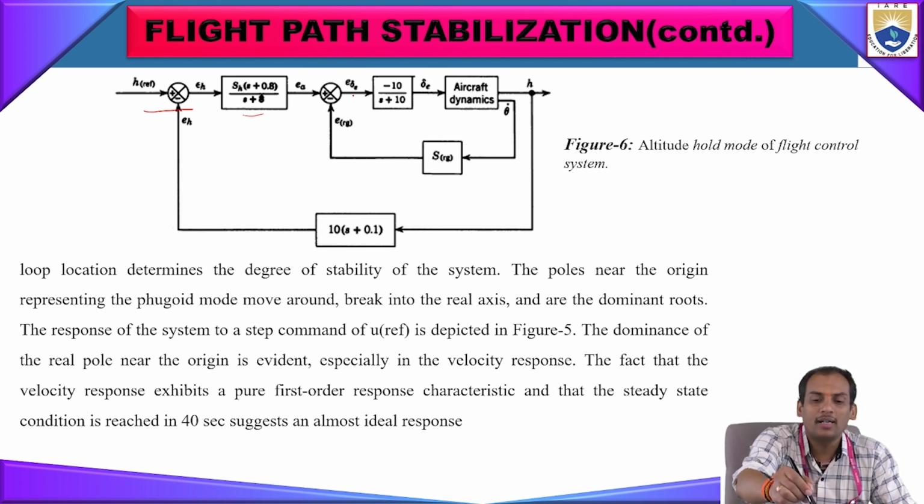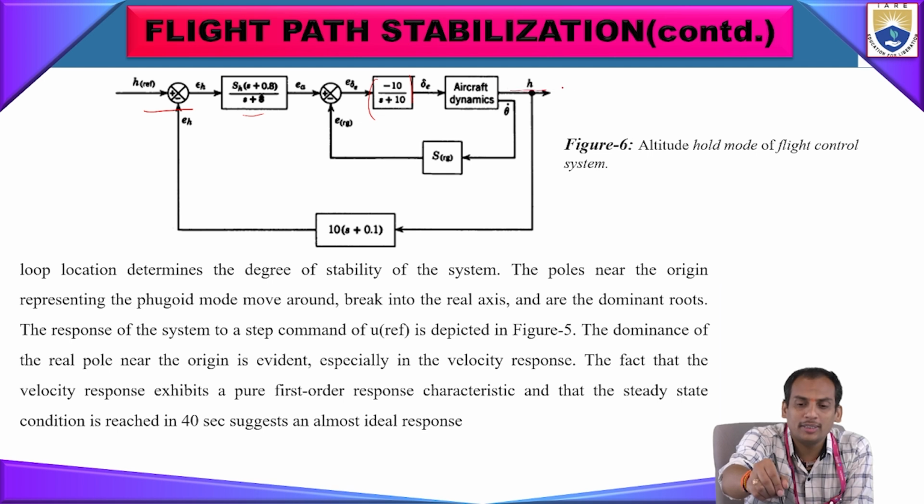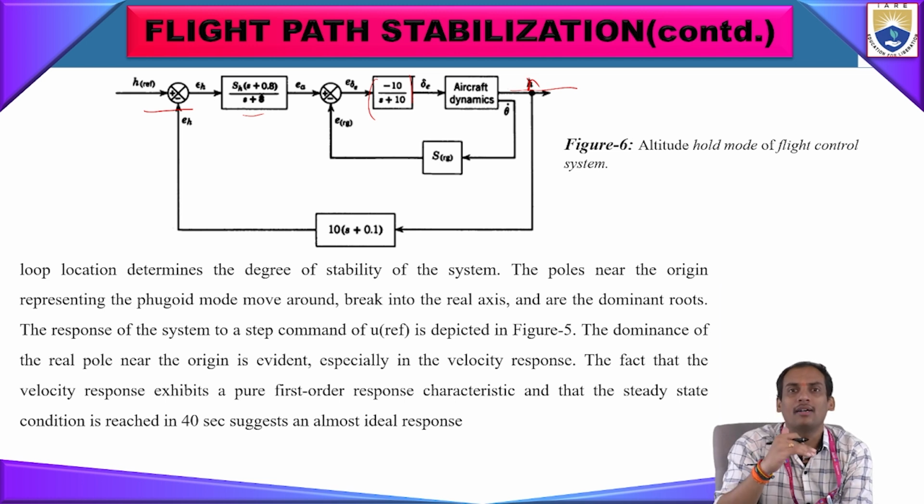That inner loop has one transfer function, and the dynamic control system is also here. From there the output h gives you the actual output, that is the altitude, the height of the aircraft. Height means altitude of the aircraft only.